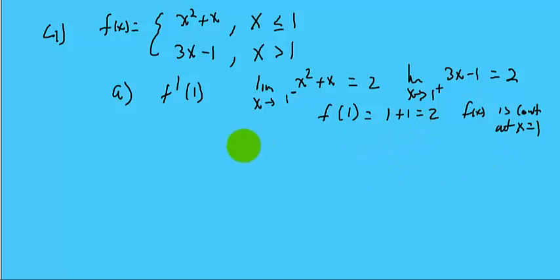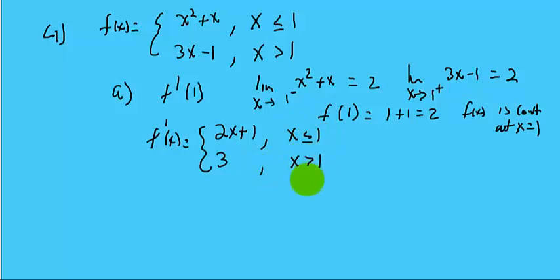Now I have to find the derivative of this. So f prime of x of the piecewise function. What's the derivative of the top one? 2x plus 1. Bottom one is 3. x is less than or equal to 1, and x is greater than 1. I do have to put that domain restriction that goes with it. What do I have to do now again? Limits.